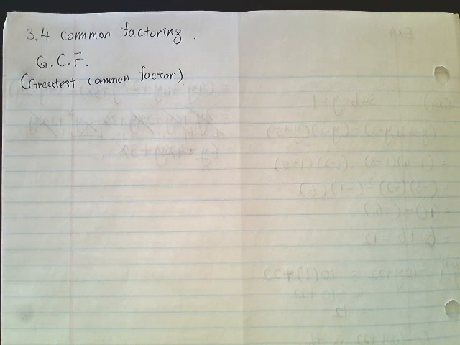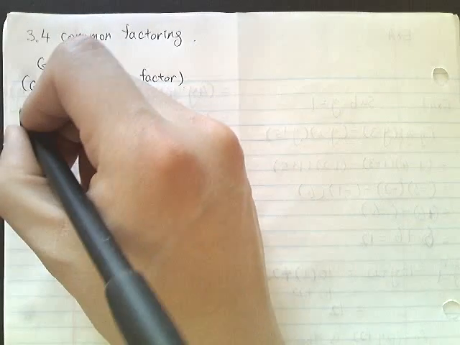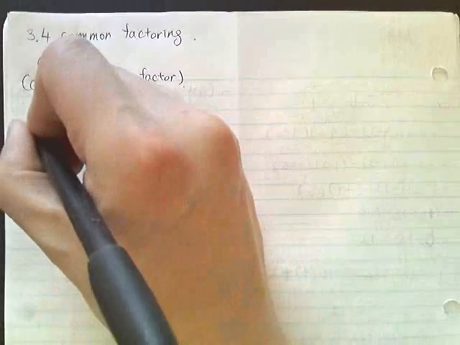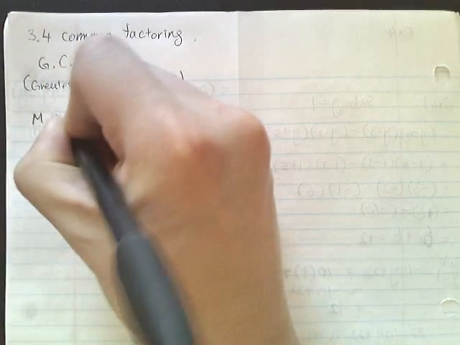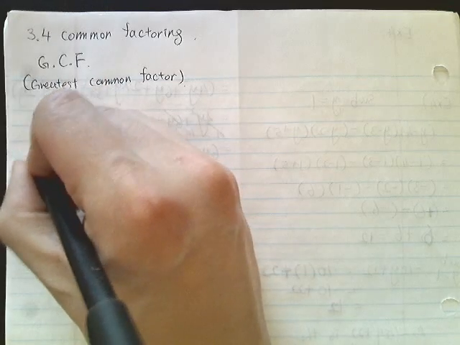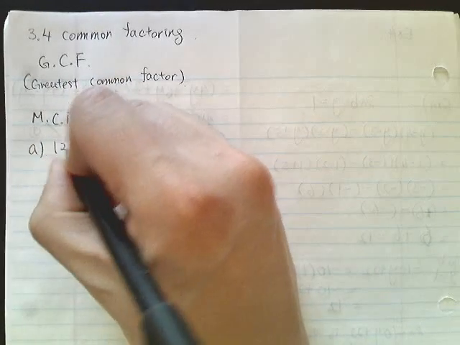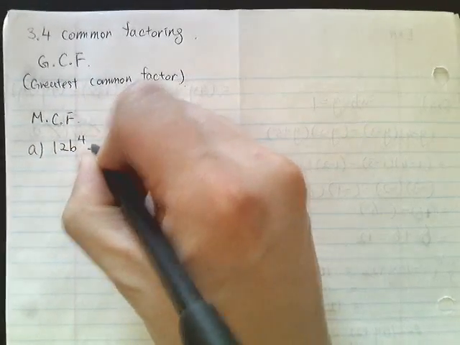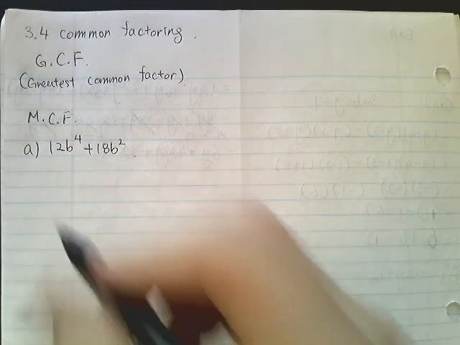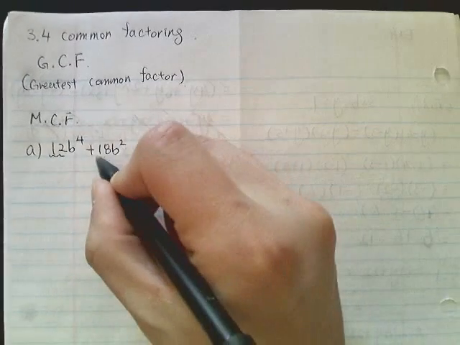So let's take a look at example 1, which is monomial common factor. I'm going to just put the acronym for that. And we have A, 12b to the power of 4 plus 18b squared. So the first thing you have to do is look at the numbers, 12 and 18.